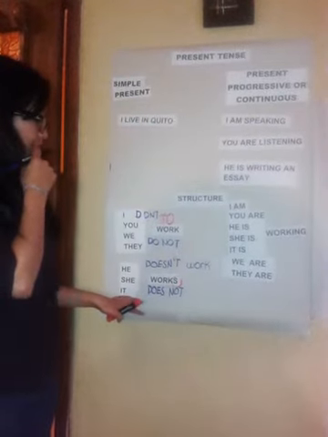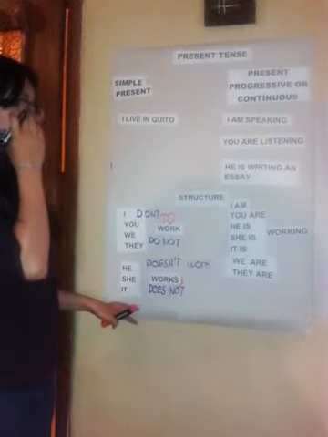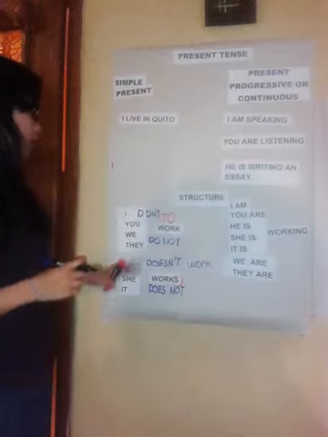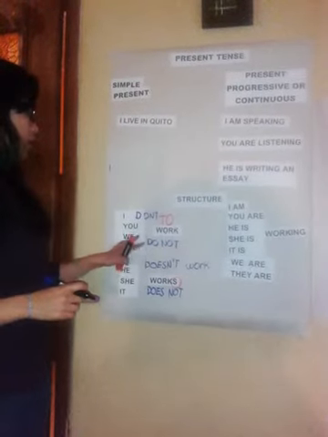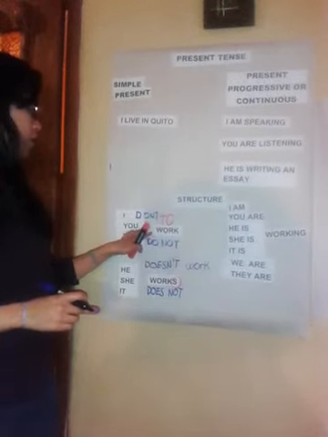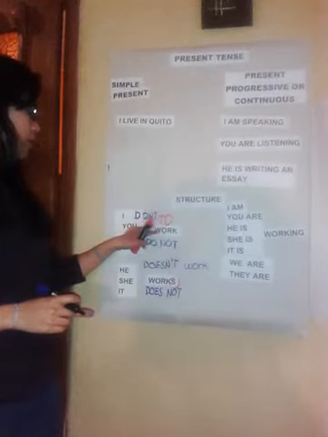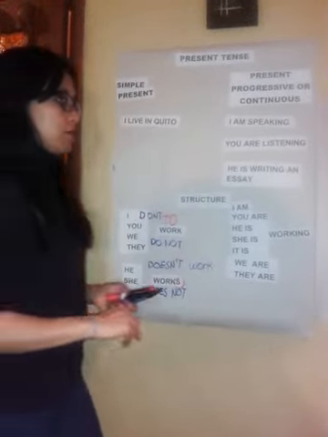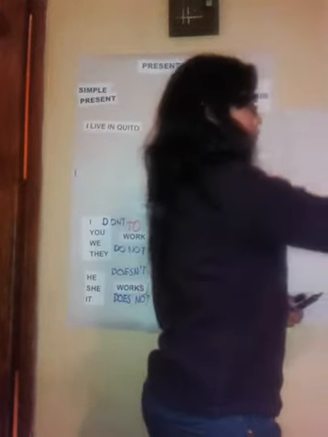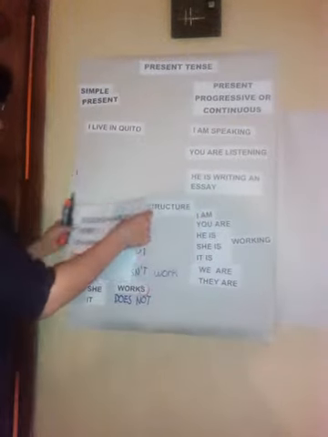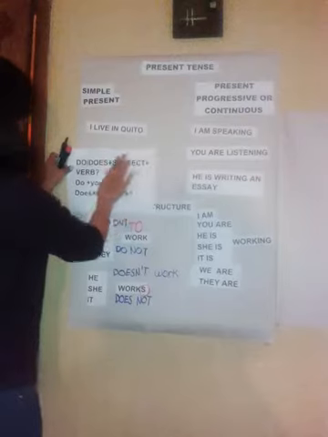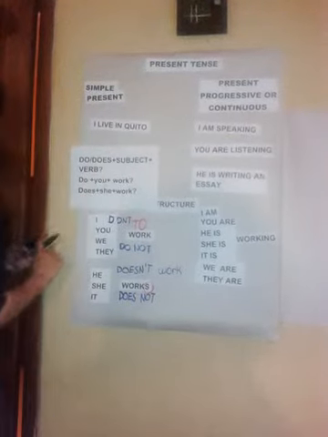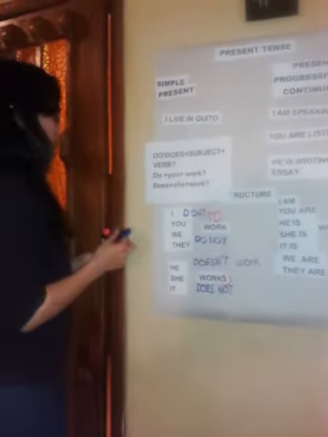Then to make questions with the simple present, we use the auxiliary verb do as well. For example, this is the structure.